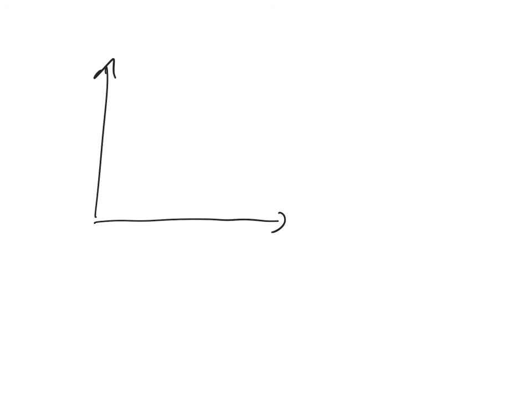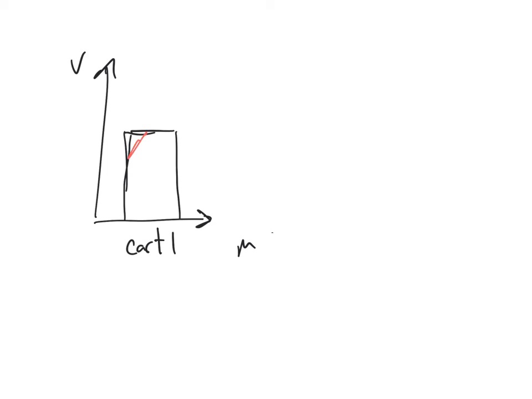So cart 1 is moving with some velocity. And we're not focusing on cart 2. So cart 2 is not part of our system, it's just cart 1.